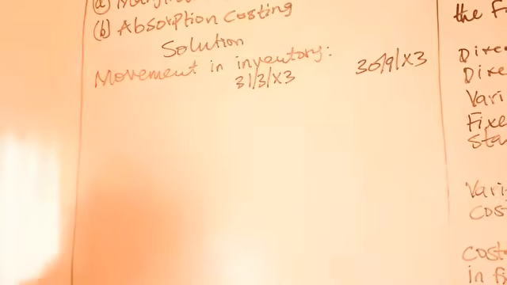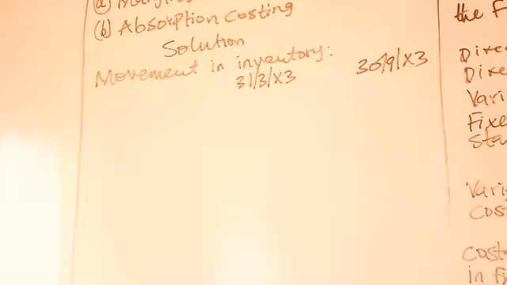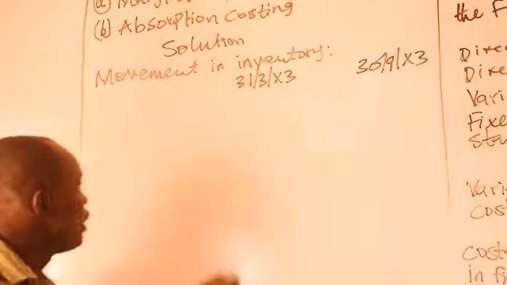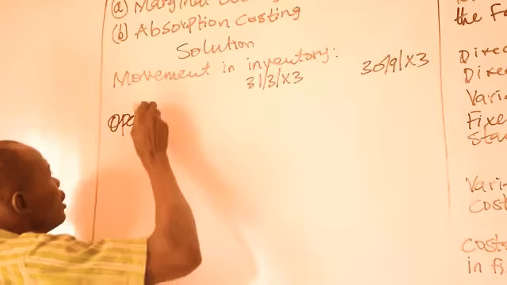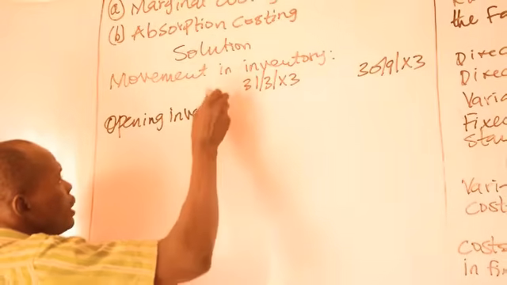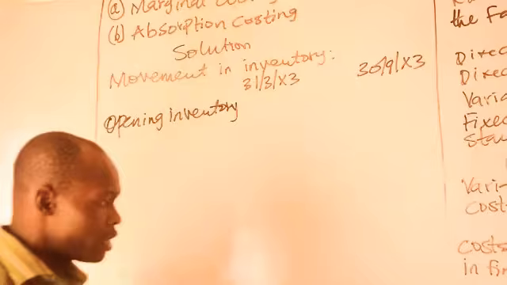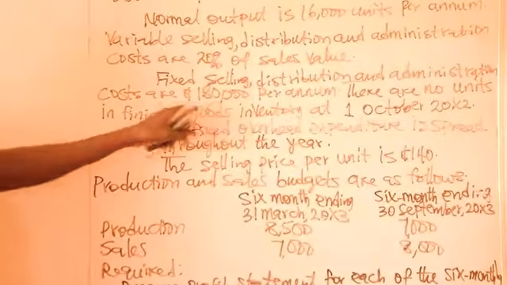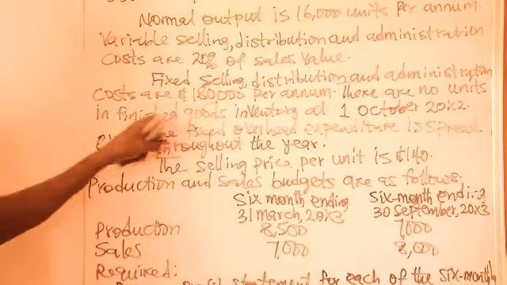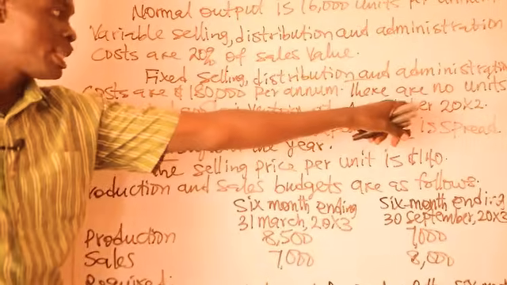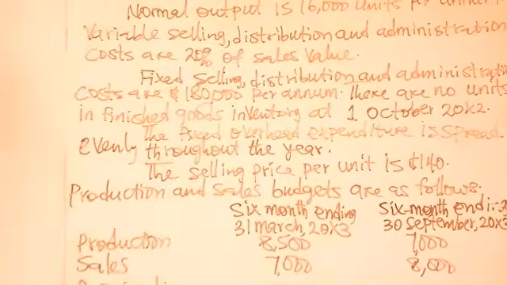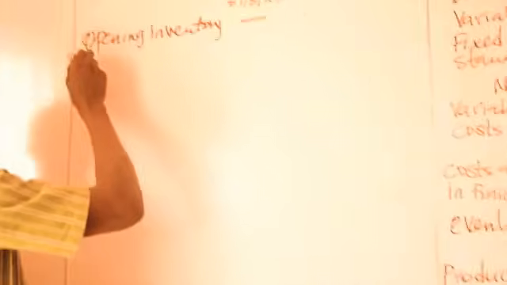Then, in your movement in inventory, you start with the opening inventory. For the first period, your production was 8,500, and you were told that there are no units in finished goods inventory at 1st of October 2022. That means there is no opening inventory, so opening inventory for that period will be a dash. Then you have production.